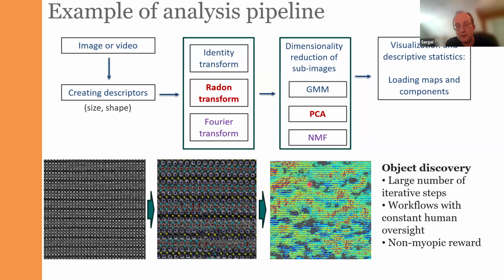This is a variational autoencoder as a nonlinear dimensionality reduction method that clearly shows that some of the regions are different than others. Okay, that's good. The problem with this approach is, first of all, it takes a lot of time. Secondly, it is non-myopic, meaning that if I change the parameters of my descriptors here, it will affect my analysis at this stage, and it's difficult for me to figure out how.